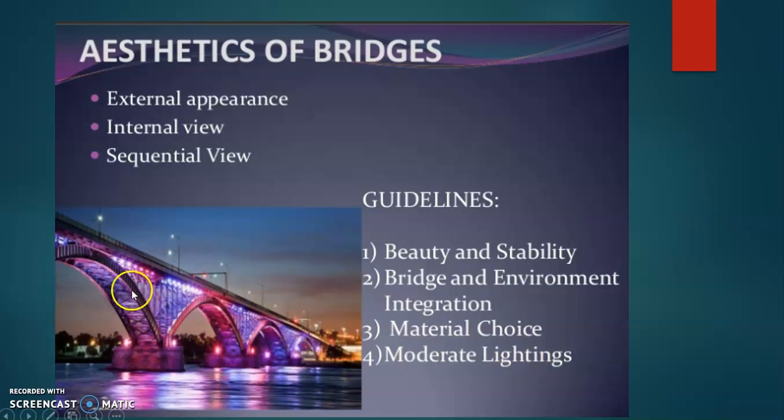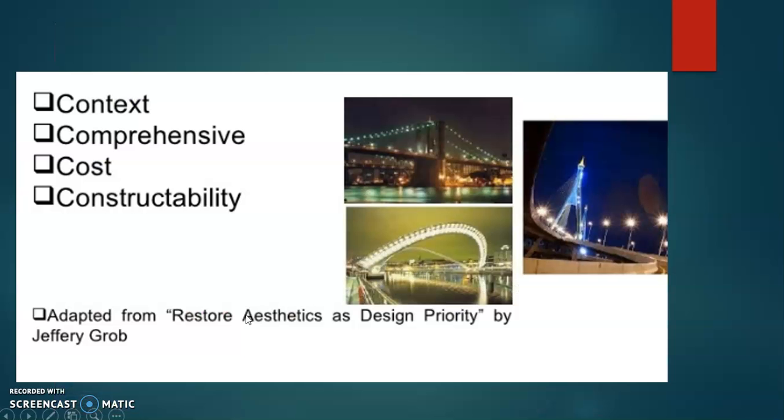It can be an aesthetic landmark and also attract tourists. Like London, we come to London just because of the open gate bridge, right? So it can be a good aesthetic value to the country.